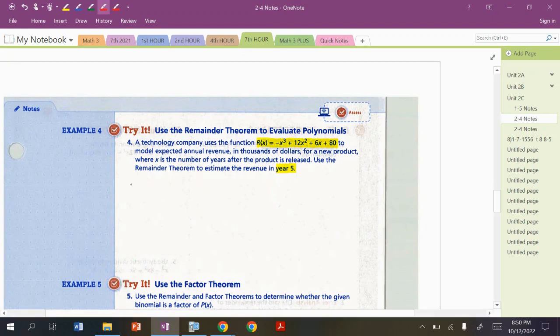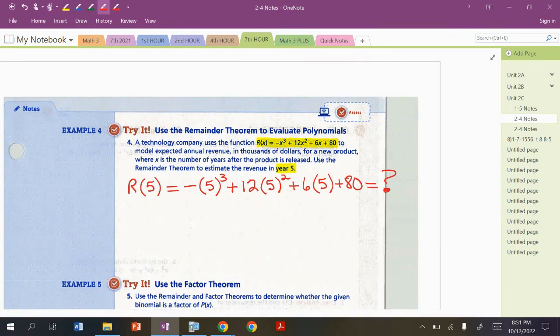The first way is to evaluate the function by putting in 5 for x. There are a lot of terms, more than one, and we have to come up with an answer. Following order of operations, make sure you enter that into your calculator carefully.